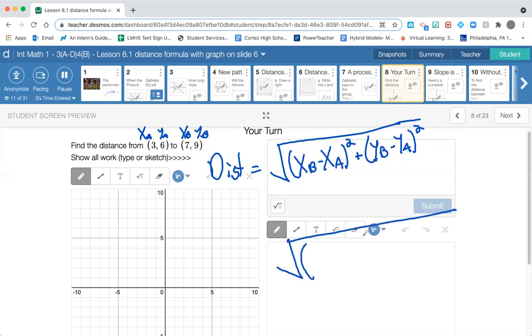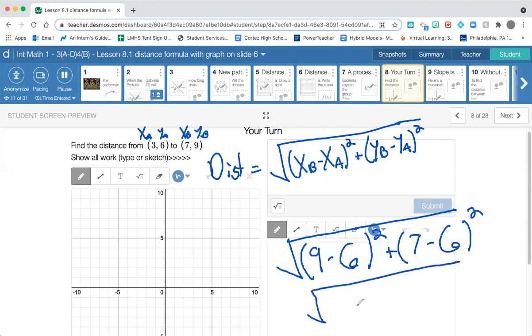So I'm taking the square root of YB, which is 9. I'm deducting YA, which is 6. I'm squaring that. I'm then adding on XB, which is 7, and then deducting YA, which is 6, and I'm squaring that. What's cool is that if you just let the calculator do the work for you here, it's going to knock out what you need.